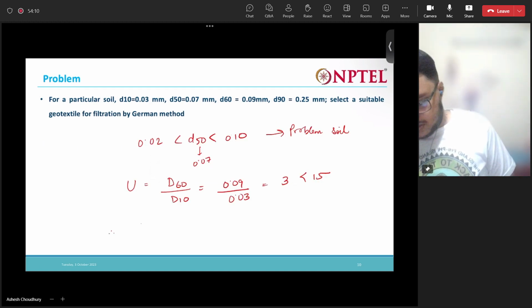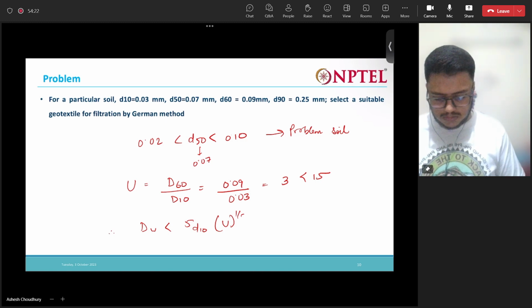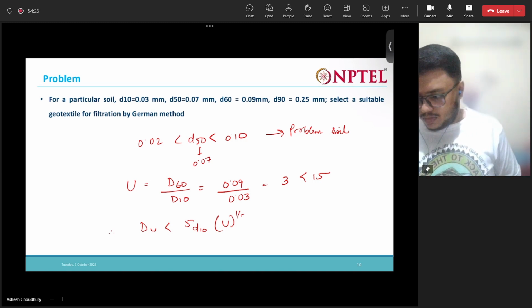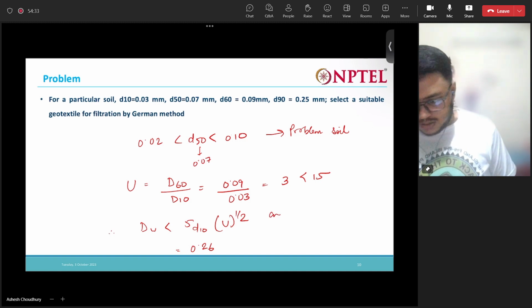Therefore, the apparent opening size should be less than 5 times D85, to come out as 26 and 20.